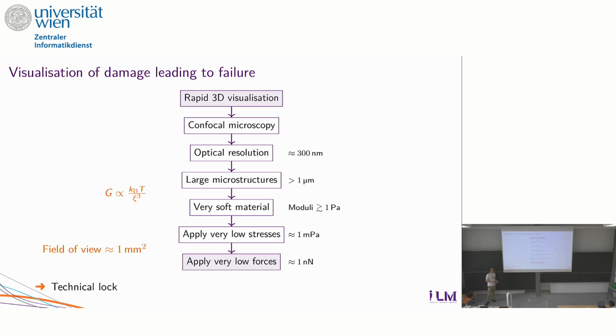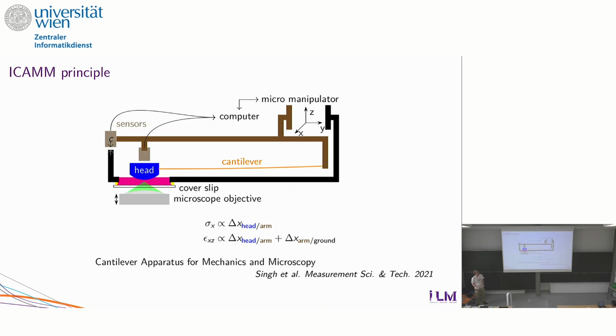So we will need to focus the stress on this 1 millimeter square so that we actually observe something quite often. And this means that the forces we need to apply are much lower than what a rheometer can do. It's about the nanonewton. Good luck, I was told, but we managed to do that.